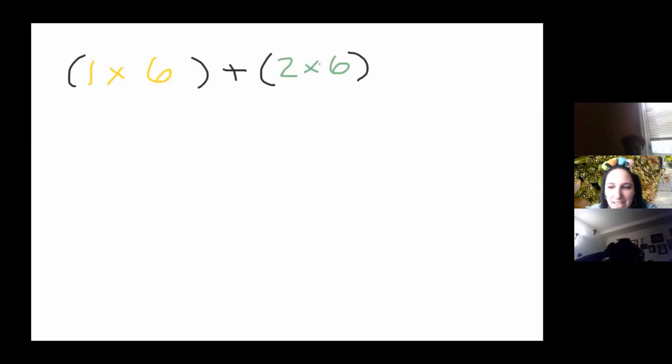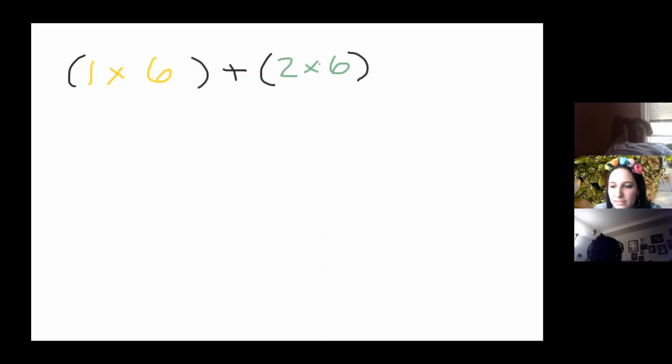Go ahead. So put the six. Just tell me what to write. If this is not helpful, I can erase the whole thing. No, I just want you to talk me through how to solve it.